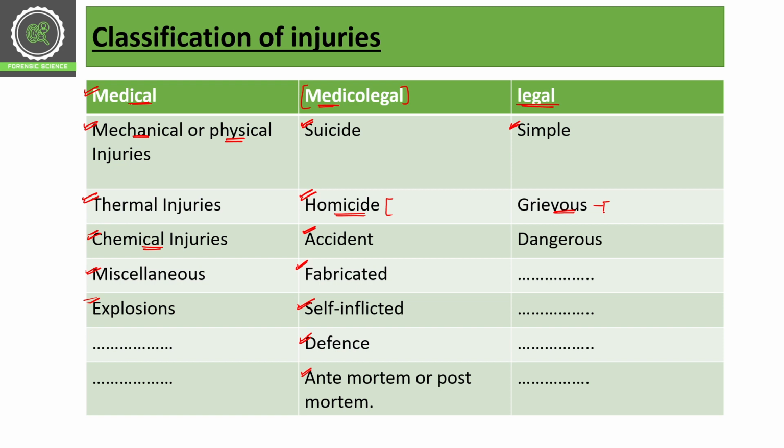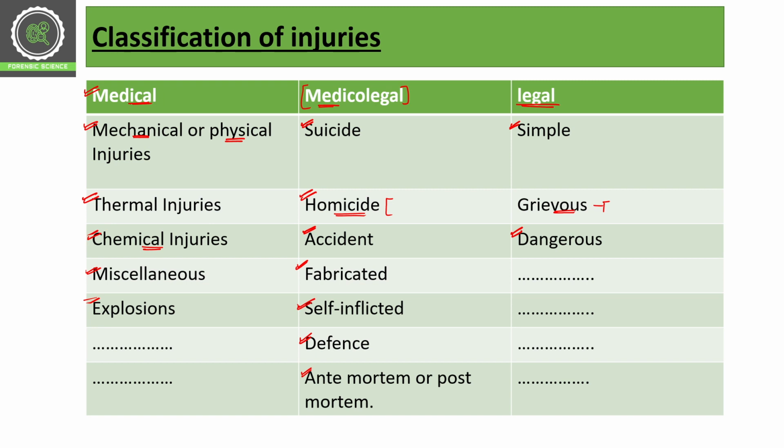So in legal we have simple, grievous, and then dangerous. Dangerous wounds are those whose nature is dangerous, but they didn't inflict serious injuries. So why are we categorizing this?